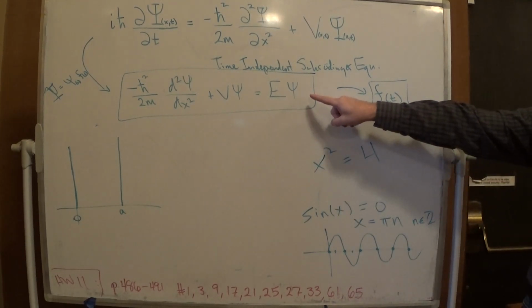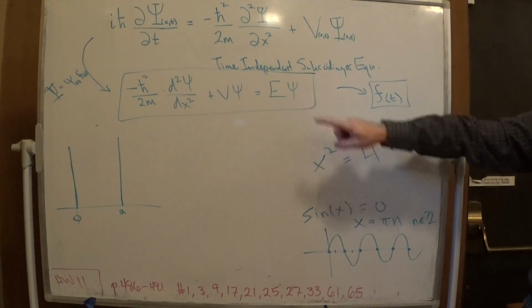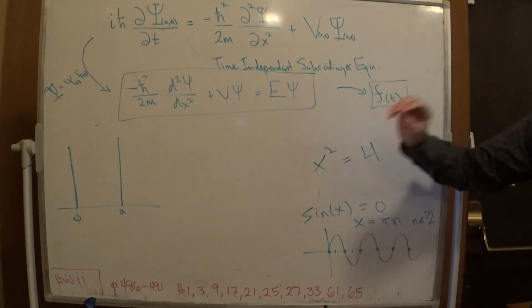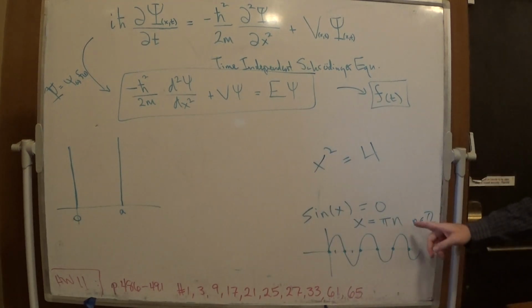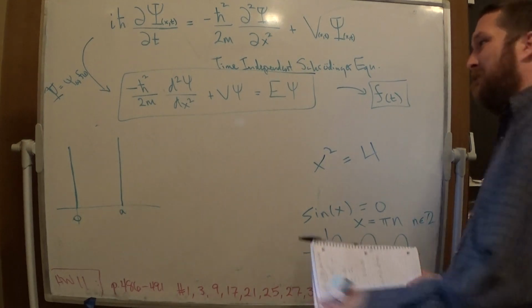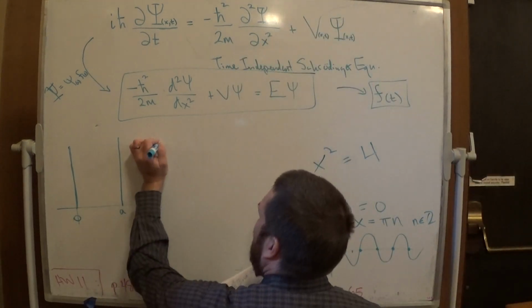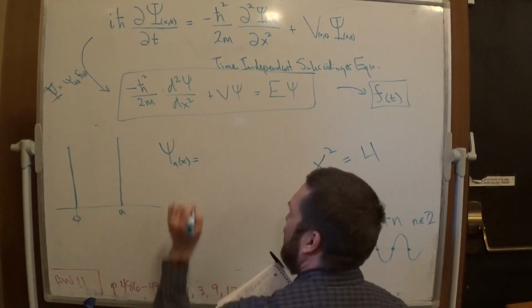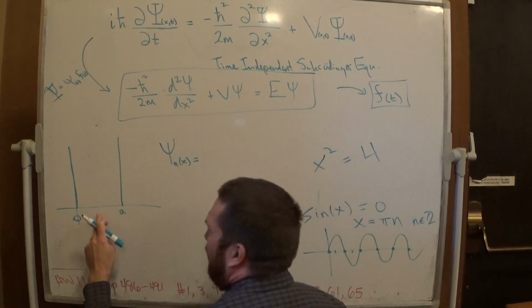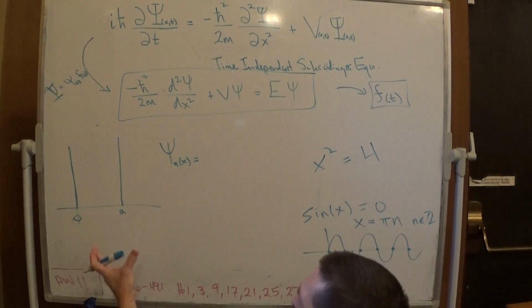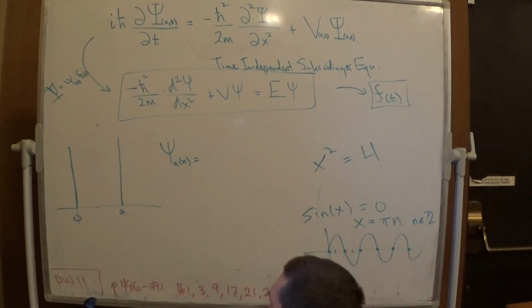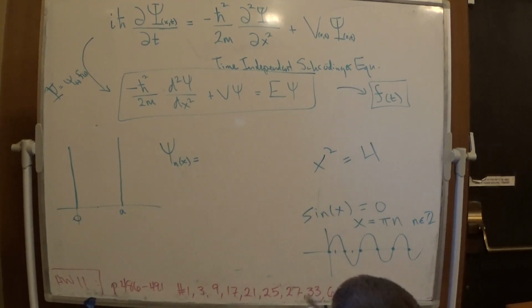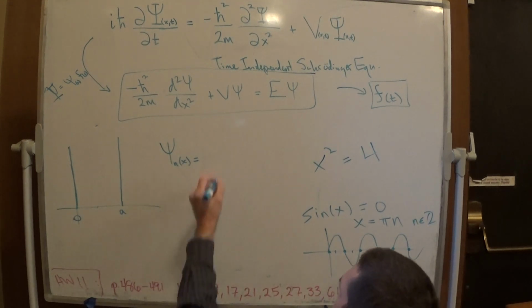Now we're asking about a function. Turns out there are infinitely many functions that satisfy this, but they're very regular. And they look like this. So again, we want to know, what's the probability of this particle in a box? Where is it? Well, here's where it is.